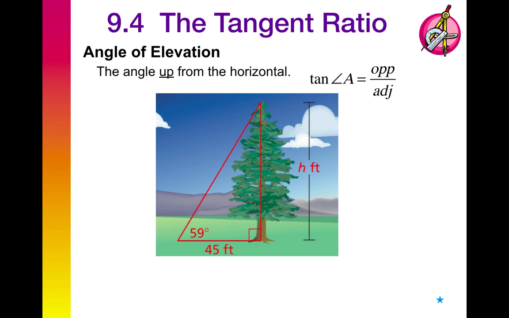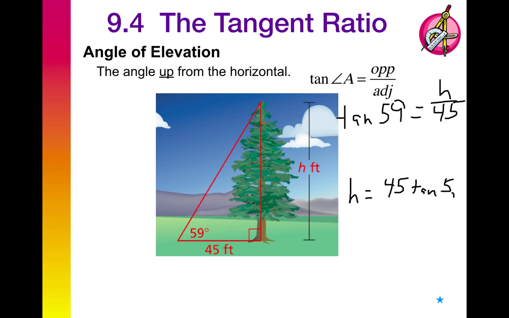And the way that I do that is I say the tangent of 59 is equal to the opposite, which is the height, divided by the adjacent side, which is 45. And then when I multiply this through, I get that h is equal to 45 times the tangent of 59.